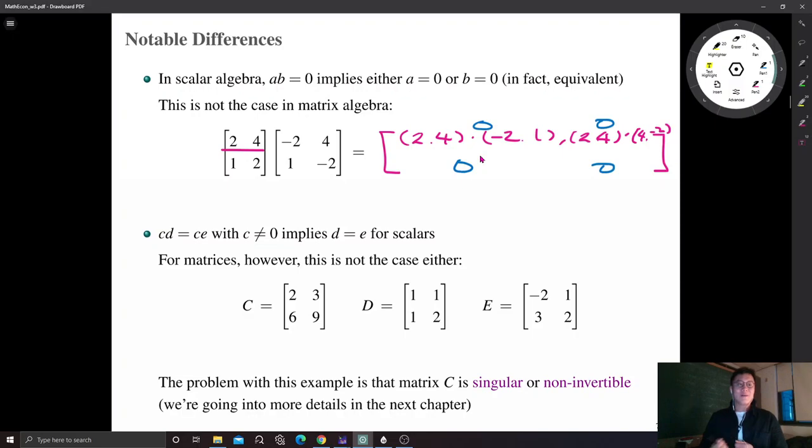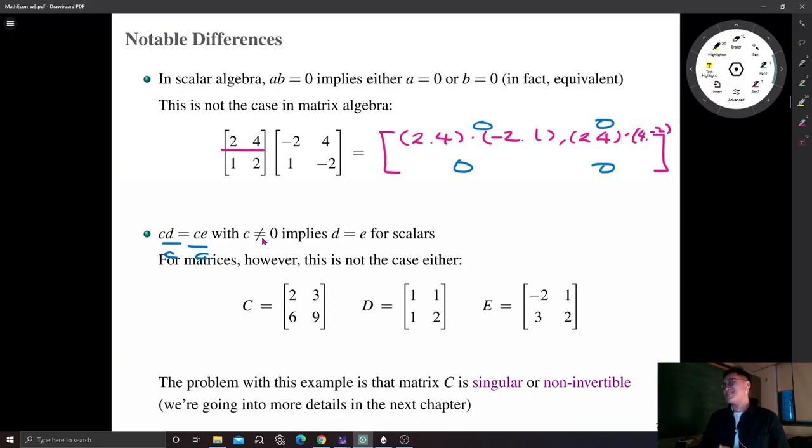And the second notable difference: these are numbers. In the case of scalars, suppose we have CD equals CE, where C is a non-zero number. Then we can divide both sides by C to conclude that D is equal to E.